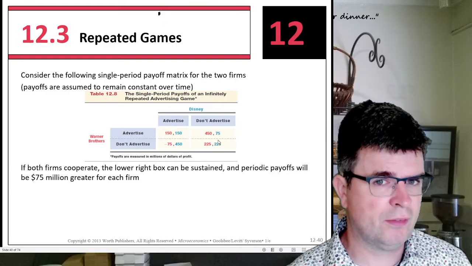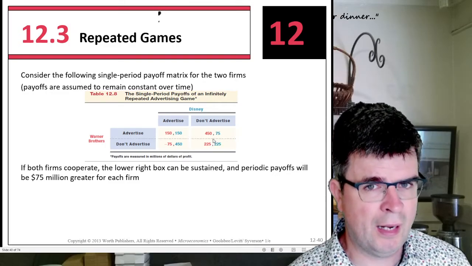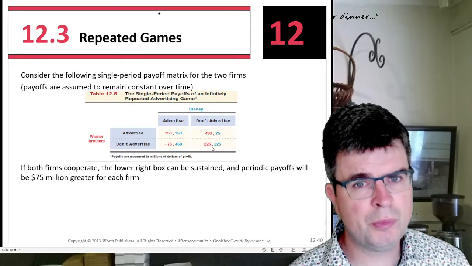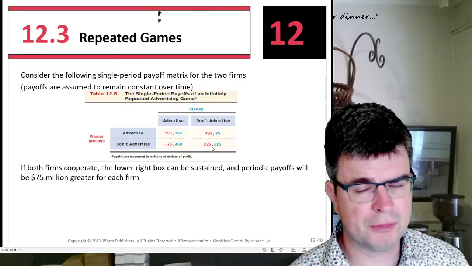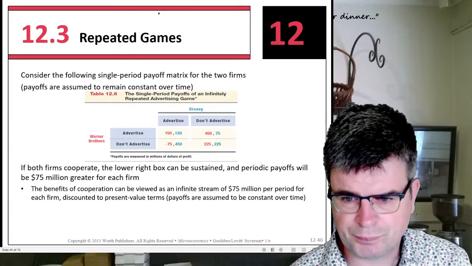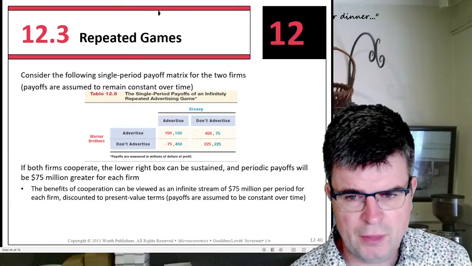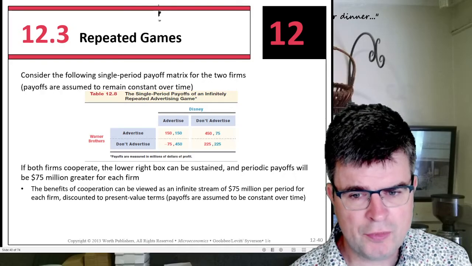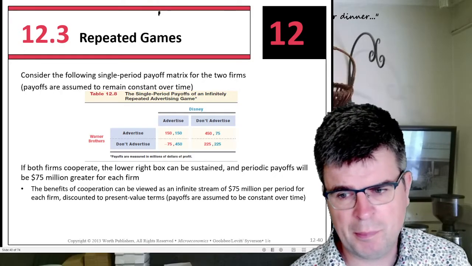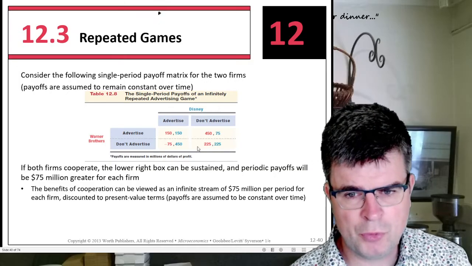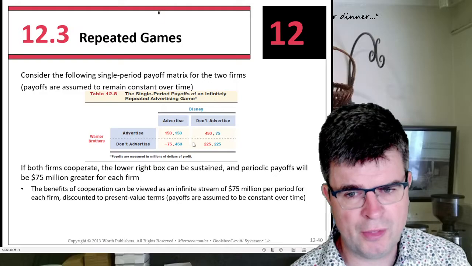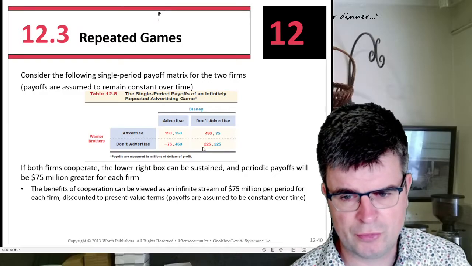And if that pair of actions is sustained in all future periods, they can guarantee themselves a payoff of 225 in all periods of the game. So the benefit of cooperating and not advertising is an infinite stream of 75 million per period, because due to cooperation they increase their profits from 150 to 225.